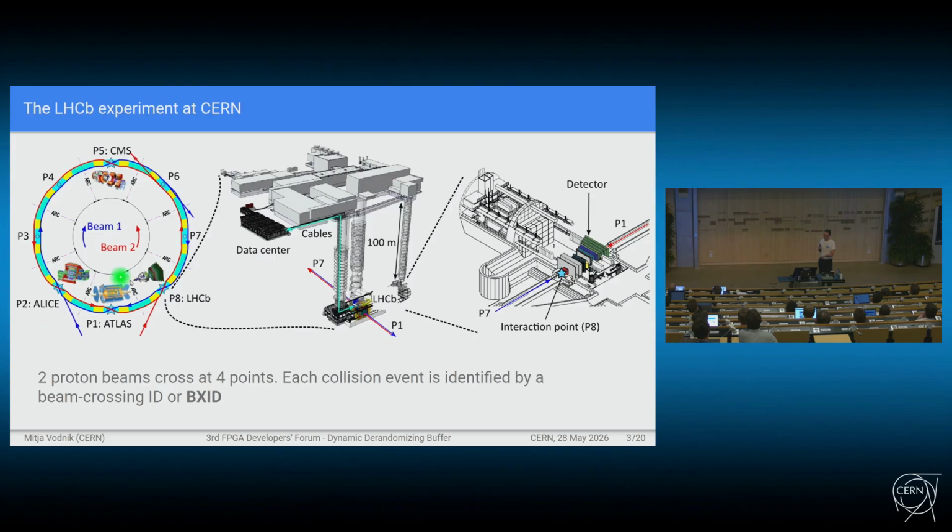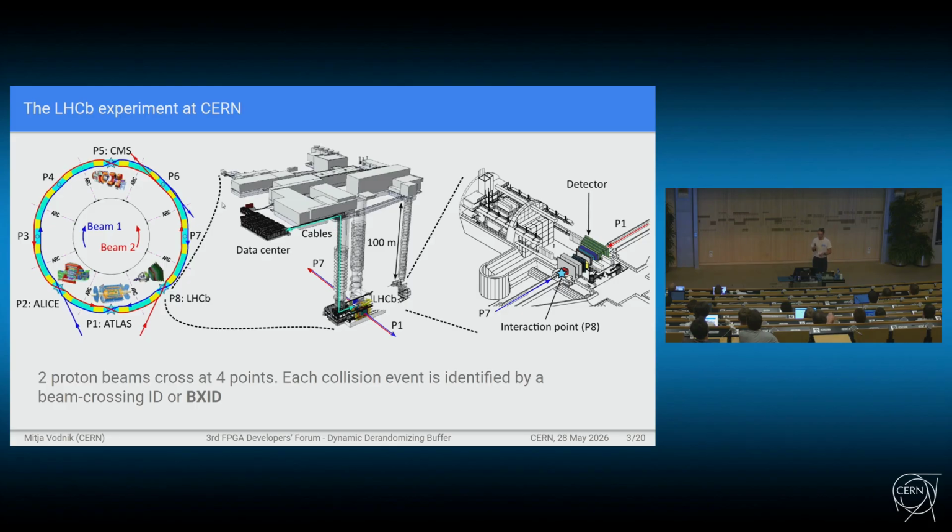Okay, so first of all, a bit about CERN. The LHCb detector is one of the four big detectors on the LHC. It's in a cavern underground. The front-end readout ASICs are located on the detector underground, and they're sending data over optical fibers to a data center that's on the surface. So that's where our data acquisition system works.